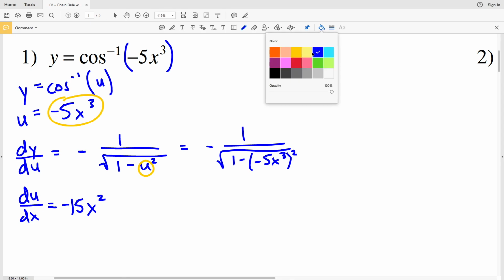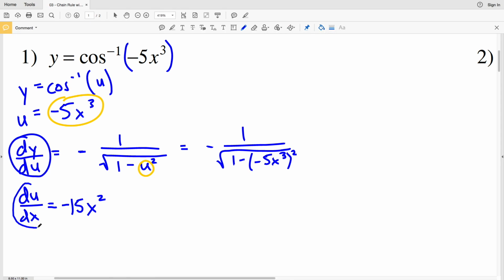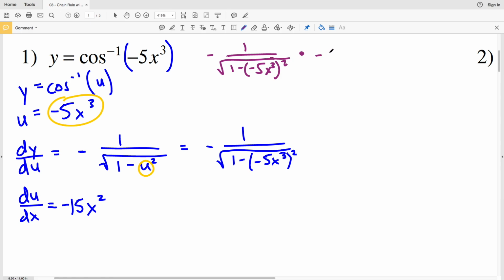So when we find the derivative of y with respect to x, we're multiplying dy/du by du/dx, calculating the derivative of the outside and multiplying that by the derivative of the inside. So that'll be negative 1 over the square root of 1 minus negative 5x cubed squared times negative 15x squared.